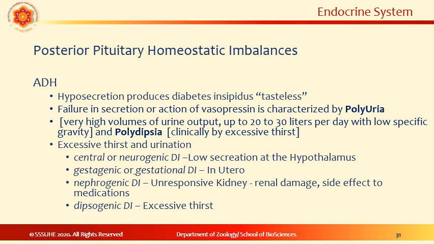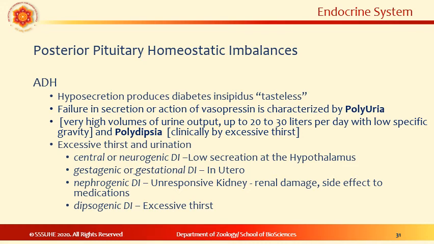Diabetes insipidus is produced due to failure in secretion or action of vasopressin, or antidiuretic hormone. It is characterized by high volumes of urine output, up to 20 to 30 liters per day, with very low specific gravity, and clinically it is shown by excessive thirst.